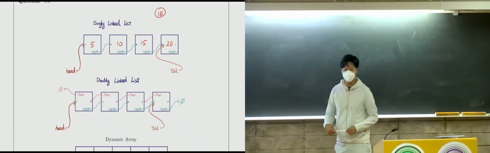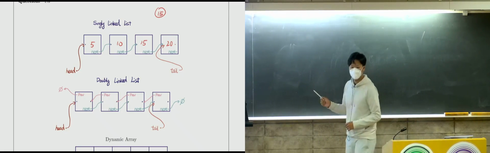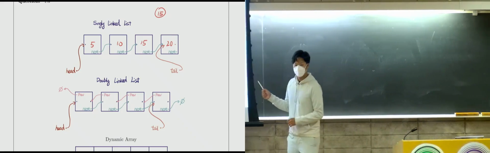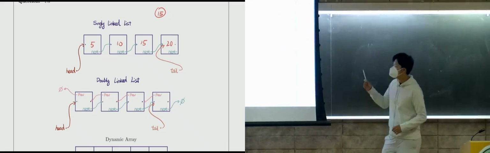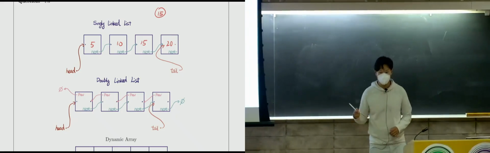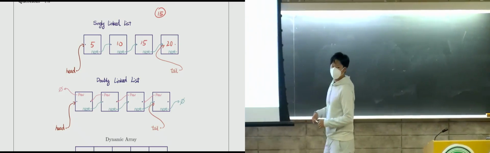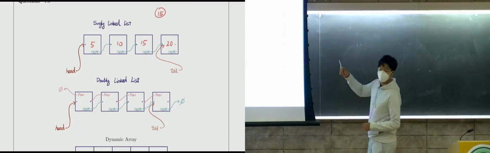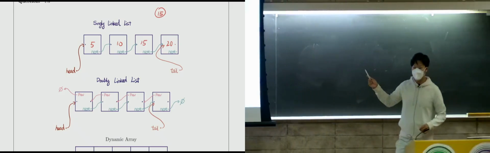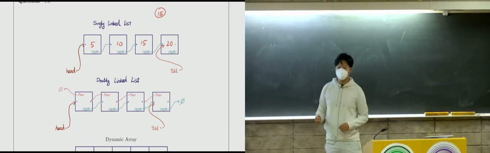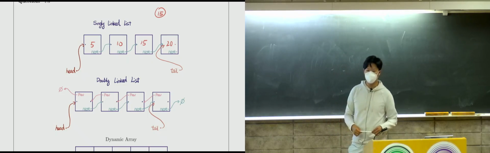What is the time complexity of doing that? What is the best case? When the element I want to search is the first element, for example, I want to search 5. That is the best case, and it has the time complexity of 1.